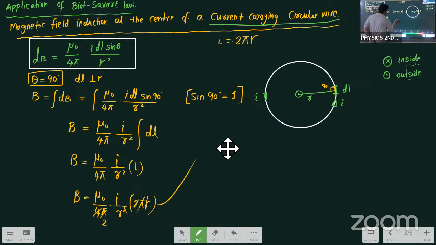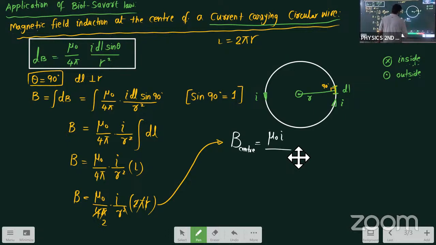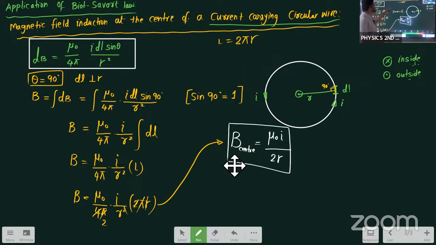So net magnetic field, this is the final expression for magnetic field at the center of a current carrying circular wire. What is that equation I am getting? Mu naught I divided by 2 into r. So this is the final expression for magnetic field induction at the center of current carrying circular wire.